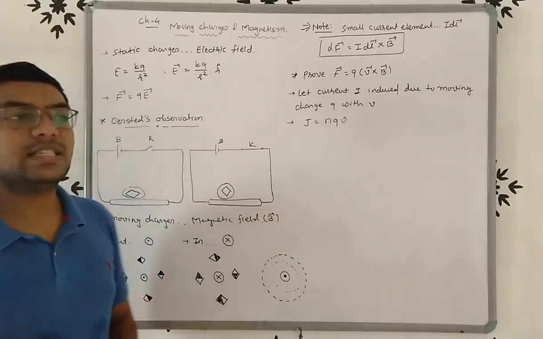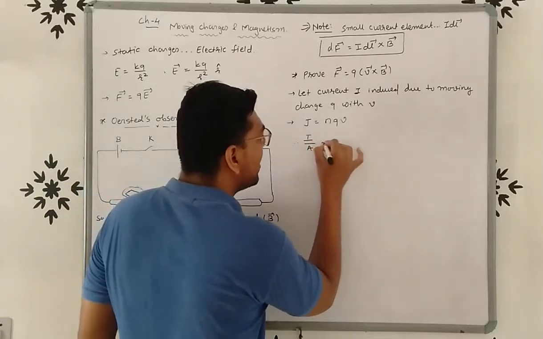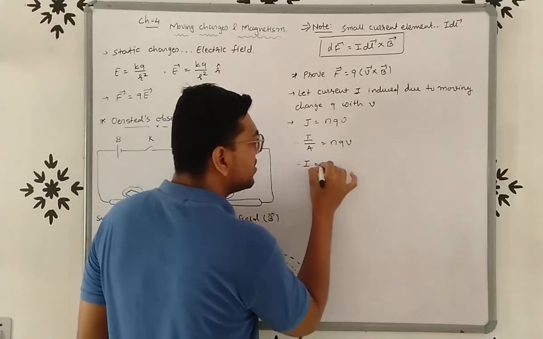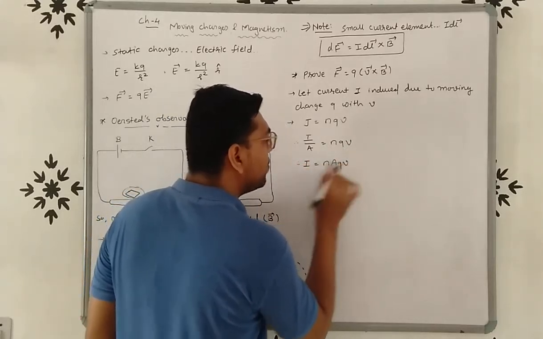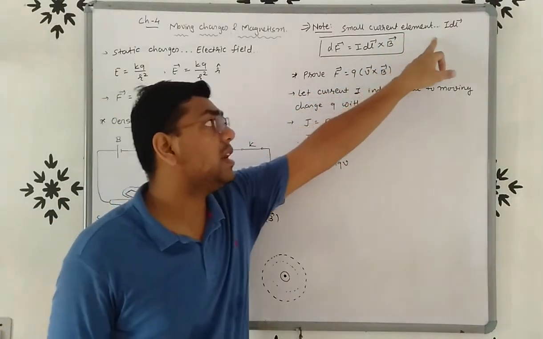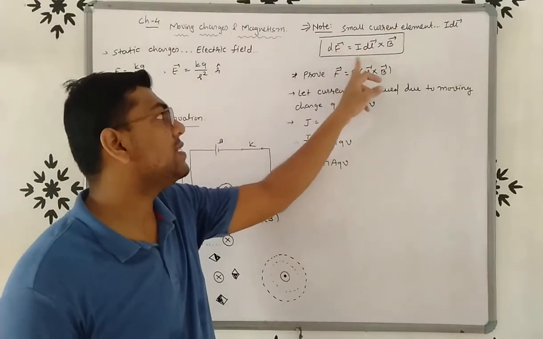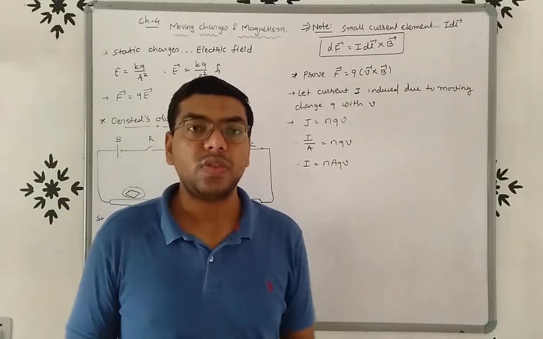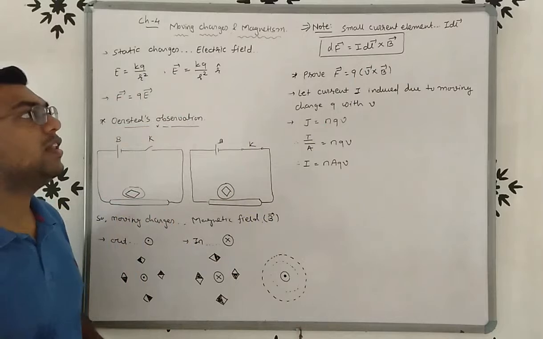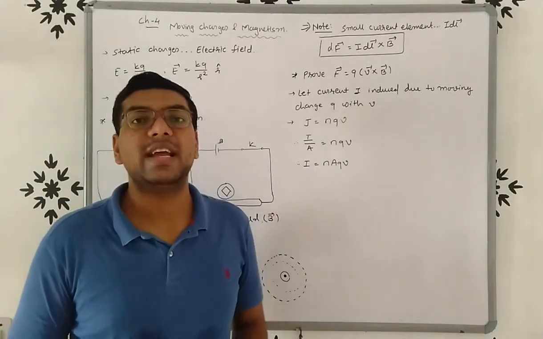But we know that J is equal to I by A. So I by A is equal to NQV. So we can write that I is equal to NAQV. Now we know that if a small current element IDL is placed in a magnetic field, then the force dF is equal to IDL cross B. So here, to write the small current element IDL, we have to multiply both sides by DL.